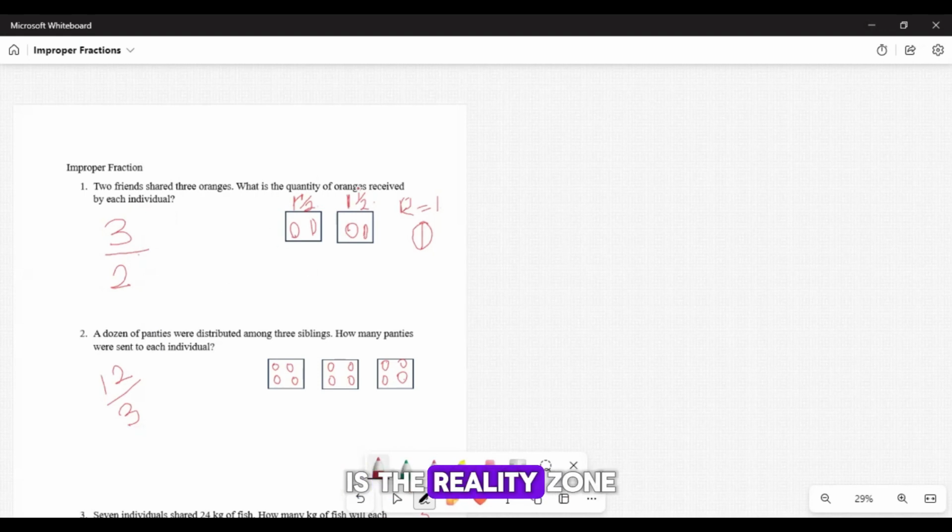Let's try to find some patterns within this. We can see that this is 1.5, and 1.5 occurred 2 times, so that gives us 2 times 1.5, which is the same as 3.